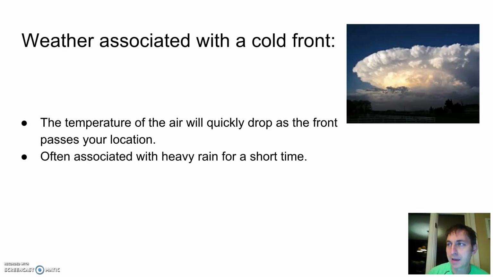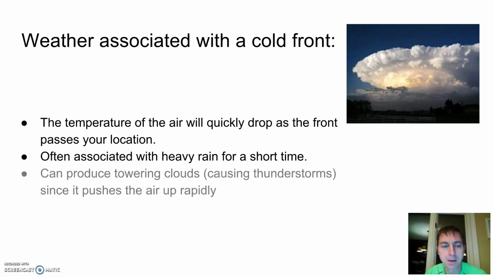You'll also have it tend to be associated with heavy rain for a short time, but that isn't always true. Sometimes the rain isn't that heavy. Sometimes you don't even get rain. There are times where you can get a cold front moving through, and there just isn't enough moisture in the air out in front to cause precipitation. So, it's the case where you would detect that change just by looking at the temperature drop.